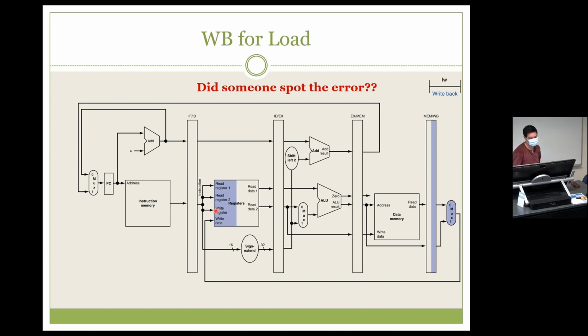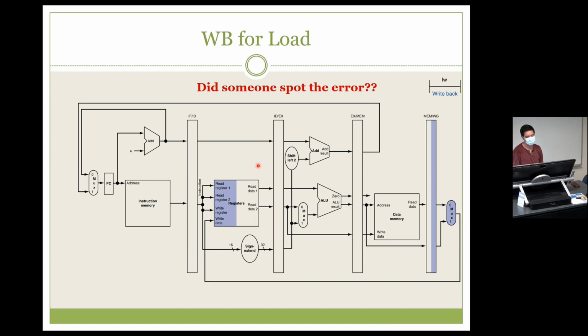How do I know which write register to write to? We're missing a mux, right? Where? Oh, it doesn't show. So that is one thing, but the other thing is we don't show how we're propagating RT here.